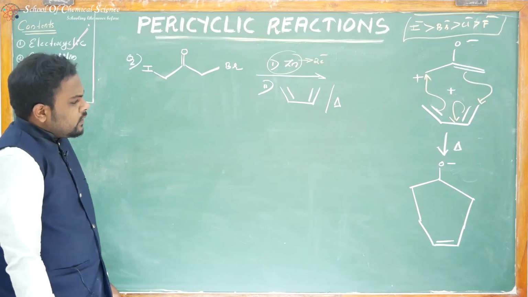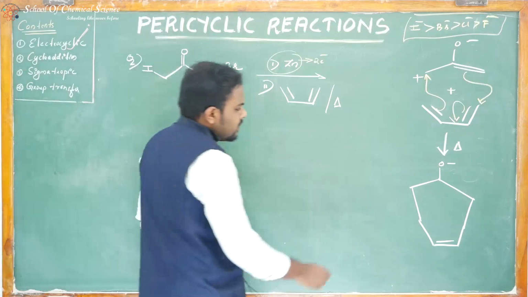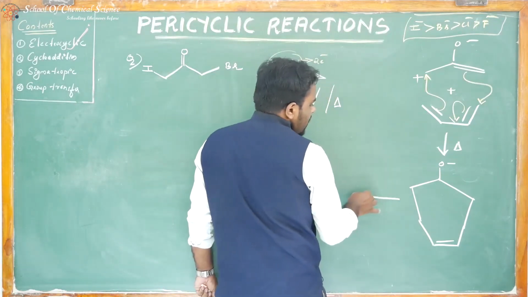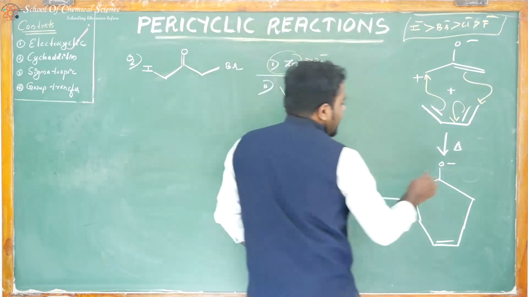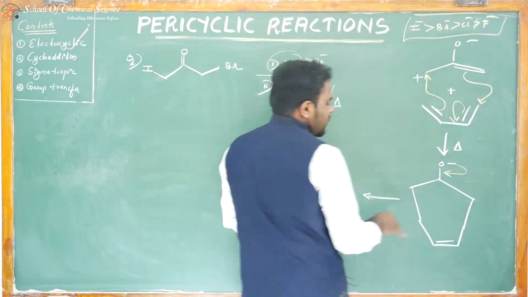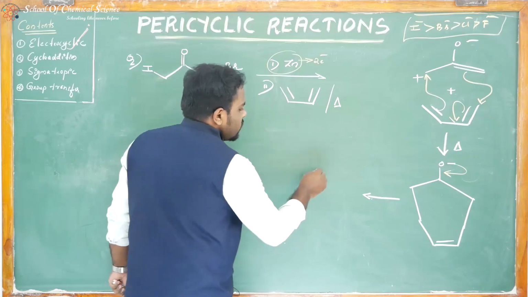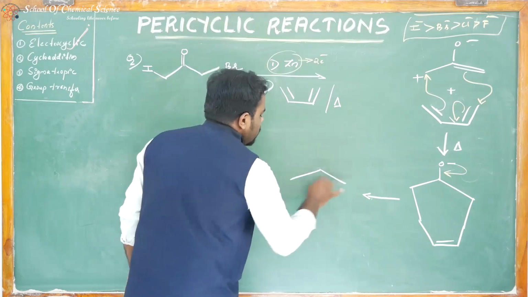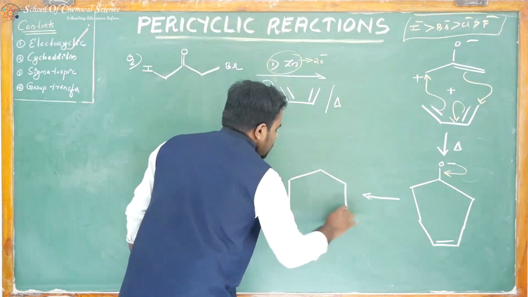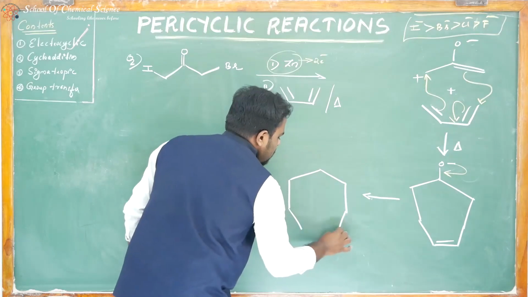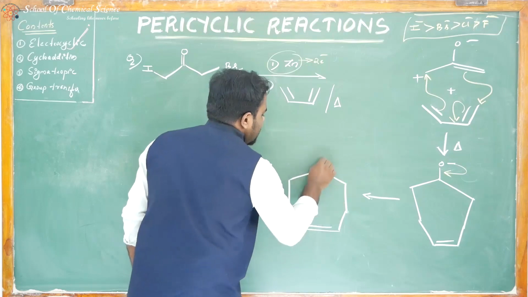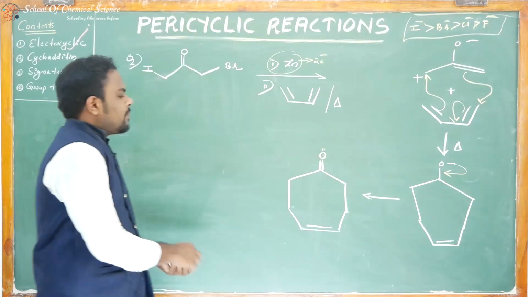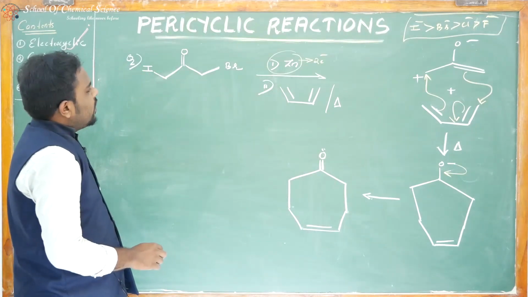Then in the next step, what will be the product? This O minus will make a pi bond here. So your product will be 1, 2, 3, 4, 5, 6, 7. Double bond O. A carbonyl compound will be your product.